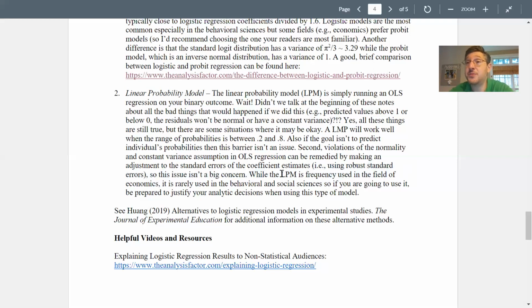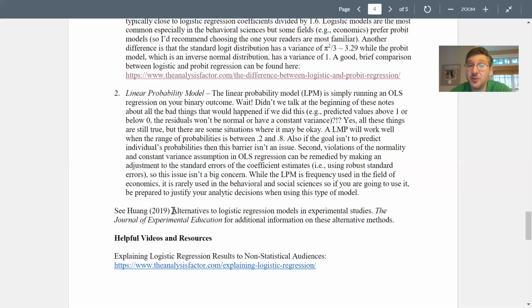There are some fields where linear probability models are used frequently. I don't see linear probability models used very frequently in education or psychology.